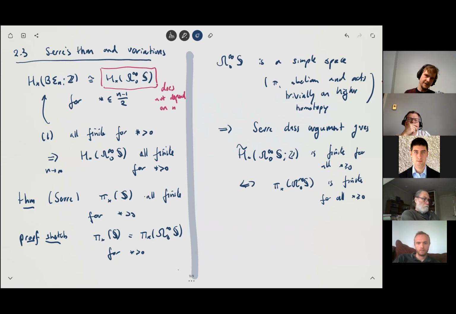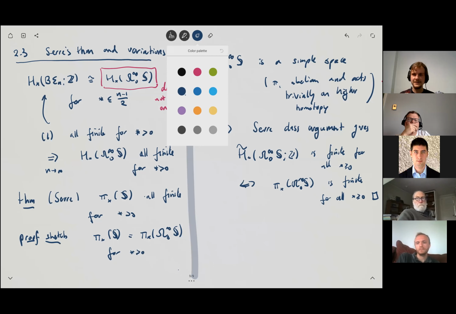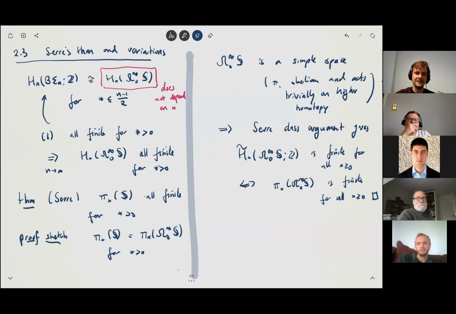And since we know the first of these statements, the result follows. Now, of course, if you have Serre classes at your disposal, you can probably come up with a much quicker argument. But as I said, there are some other examples where one doesn't have that quick argument available.